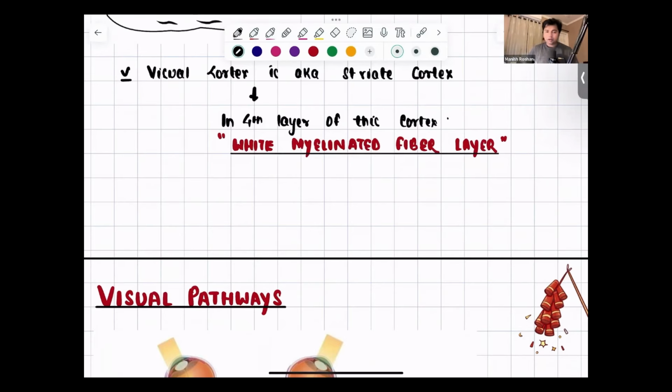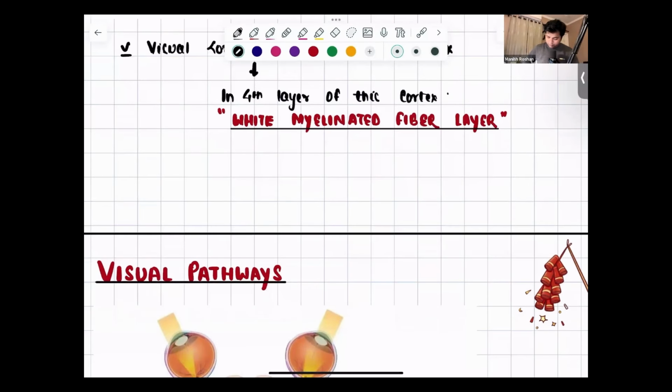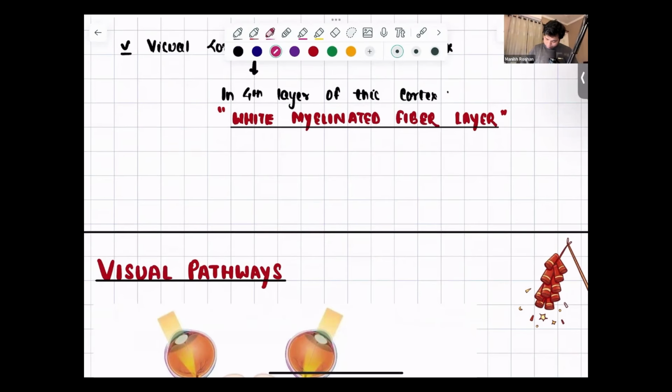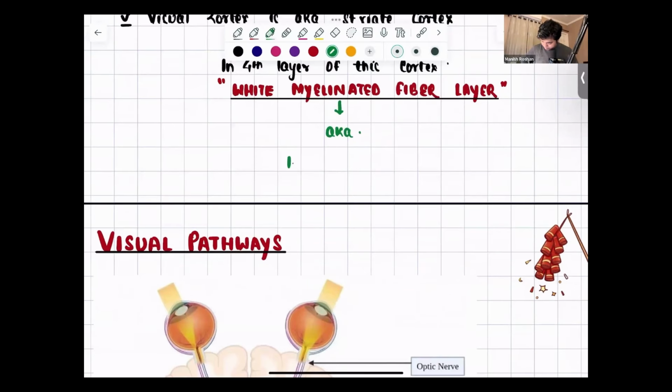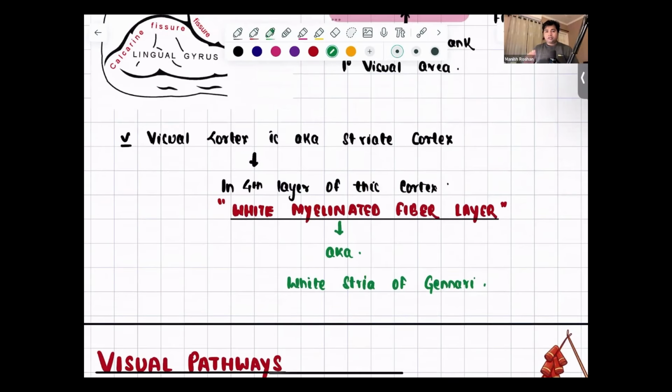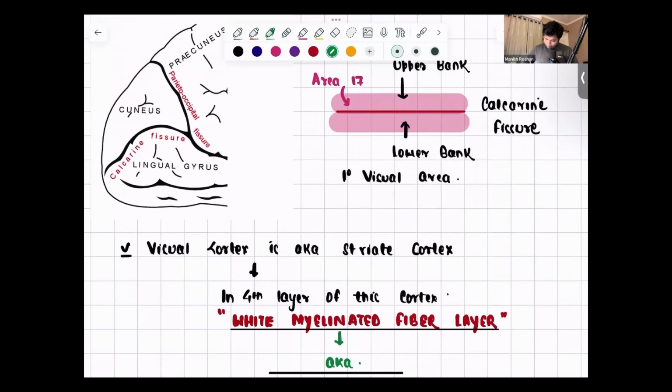In this white myelinated fiber layer, this is also called the white stria of Gennari. Okay, remember this. Now, if we consider this to be the striate cortex, this is where area 17 is located. I'll just draw it over here.